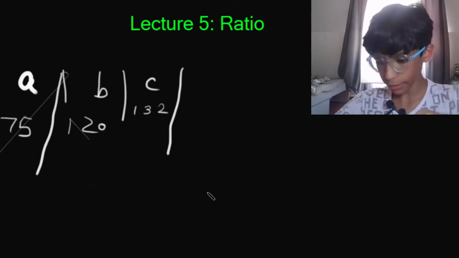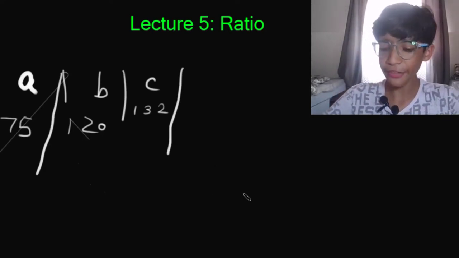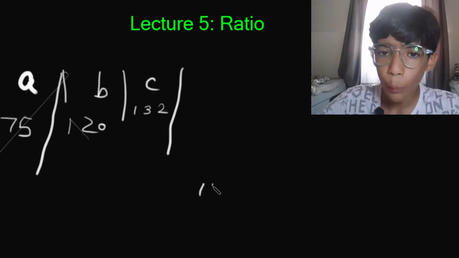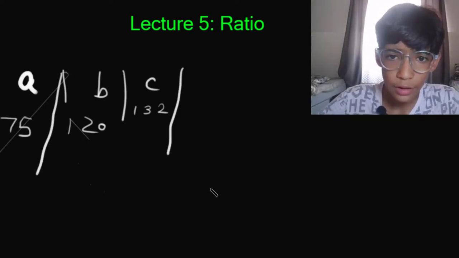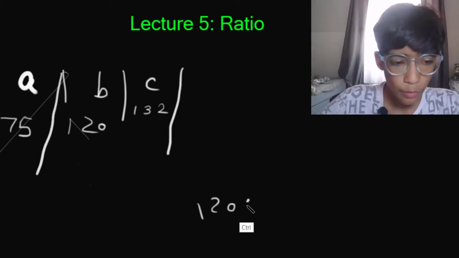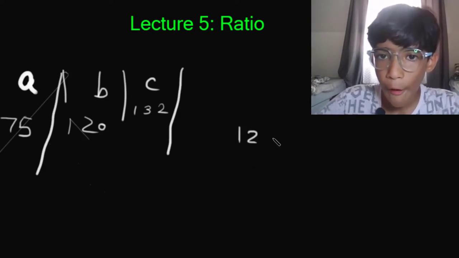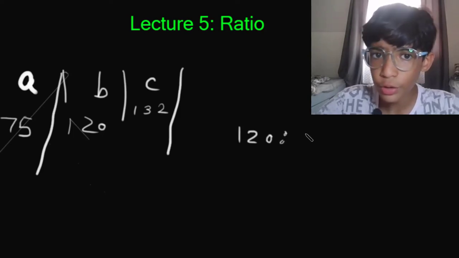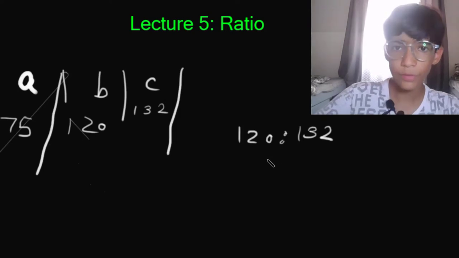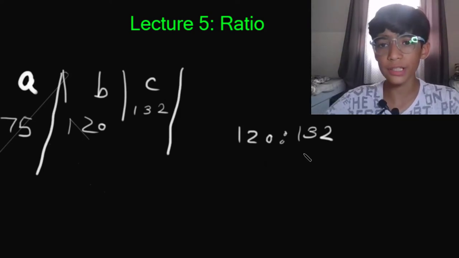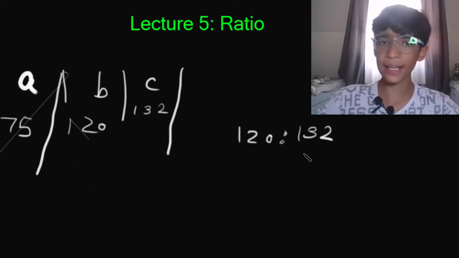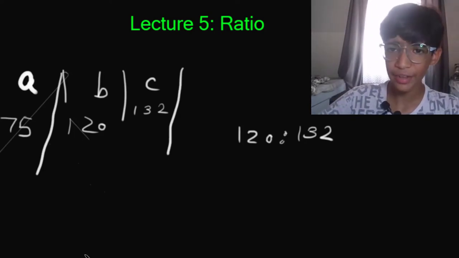They're saying that you have to find the ratio of B and C, meaning 120 ratio 132, meaning C. So C's value is 132 and B's value is 120 and A's value is 75.